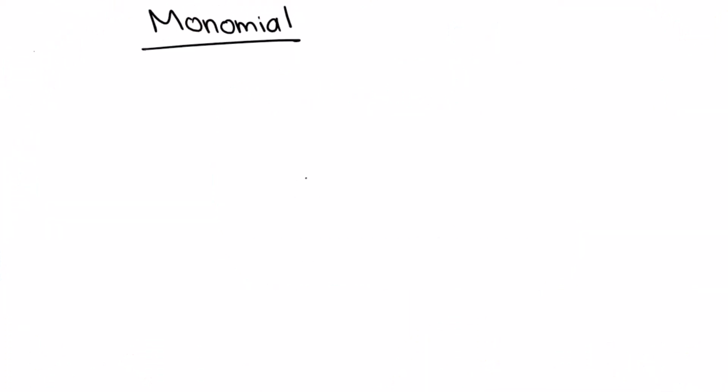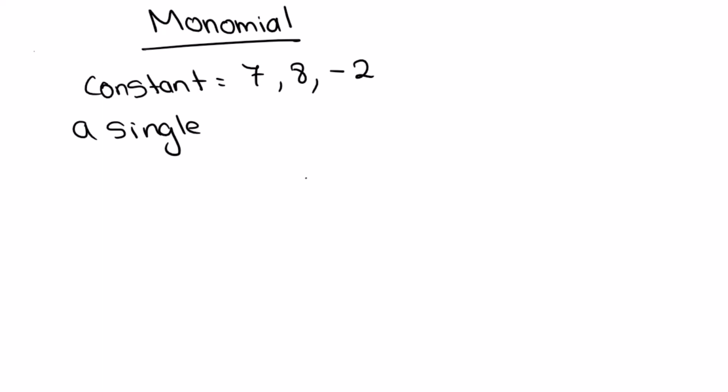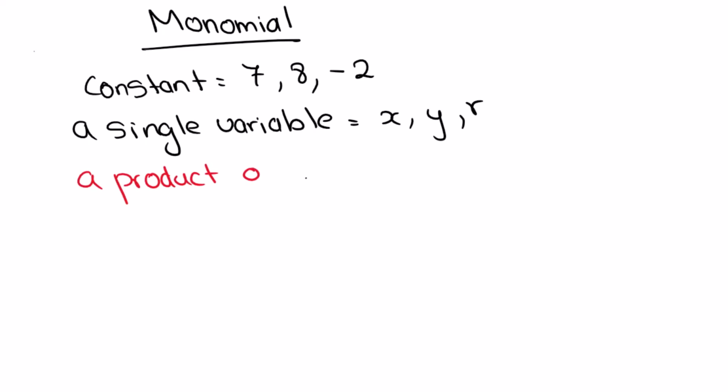A monomial is an algebraic term that may consist only of a constant, example 7 or 8 or -2, or a single variable, example x, y or r, or it may be a product of a constant and a variable.